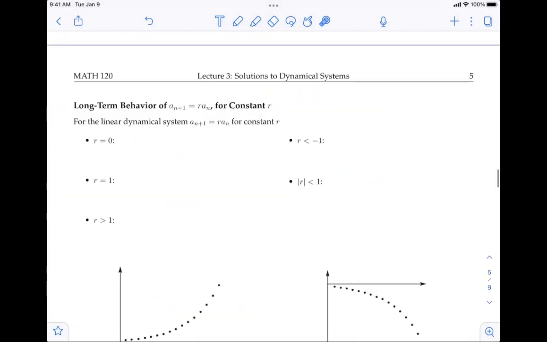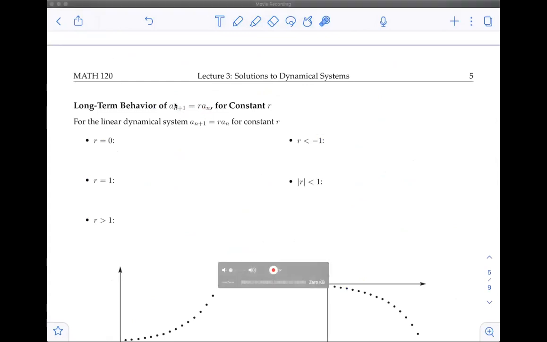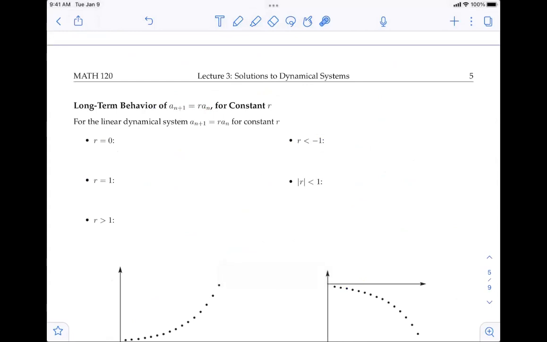I'm going to move on to the long-term behavior of this linear dynamical system of the form a sub n plus 1 equal to r times a sub n. There are multiple cases that you need to focus on. The first one is where the rate r is equal to 0.